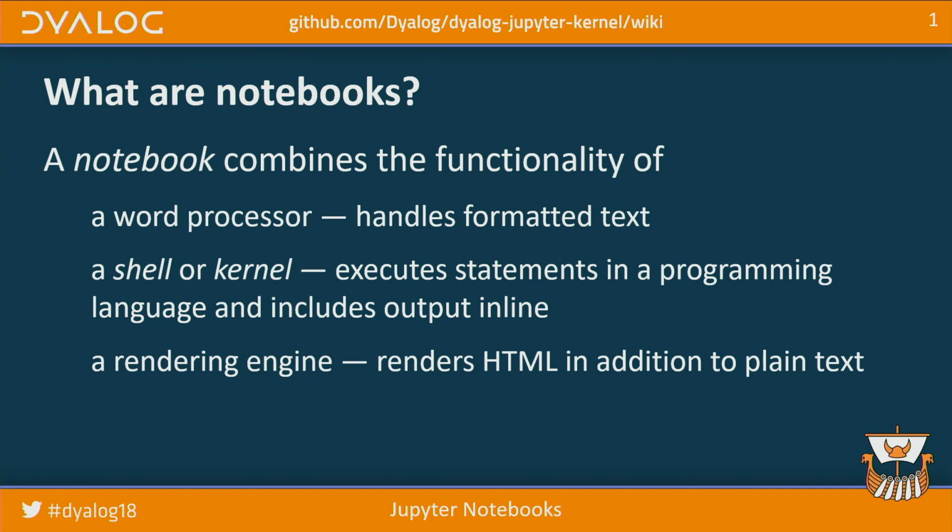And you can not just have text and code there, but the code can result in some rich output, something that you would not normally see in, say, an APL session, or something you would have to copy into a word processor. But it can be generated right there in the notebook.